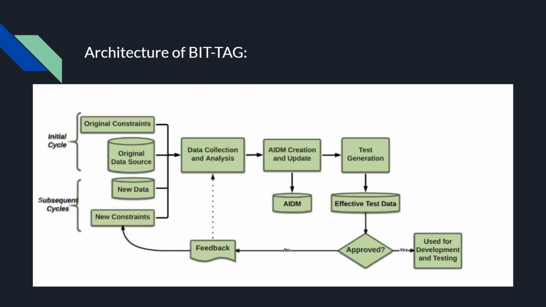Then the constraints are updated based on the feedback. So if there is a data or constraint change, it collects and analyzes the changes and updates the existing adaptive input domain models so that effective test data will be created and can be used for testing purposes, but it is independent from the created data sets. The following slides will be explained by my teammate Nick.